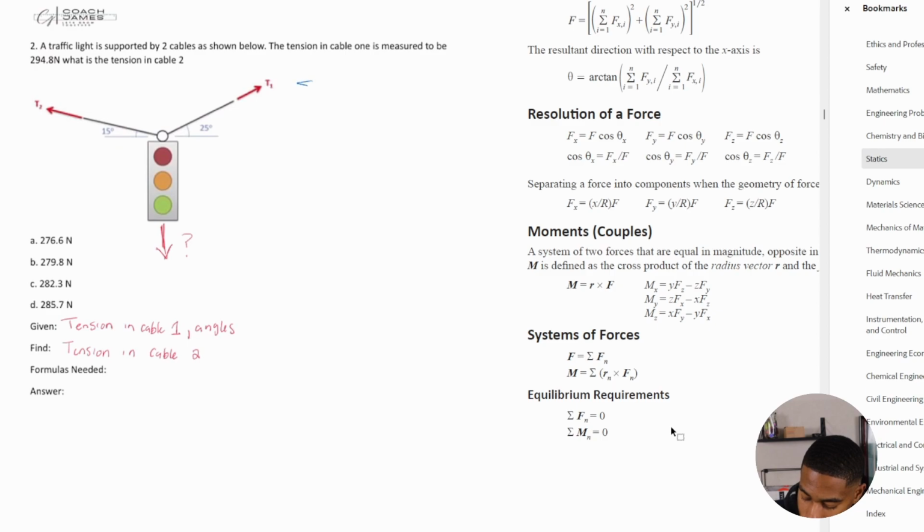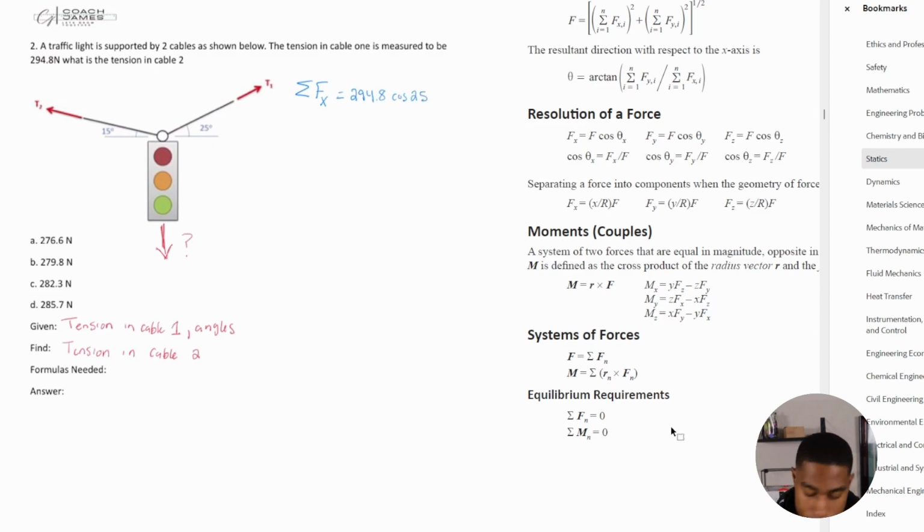Why? Well, let's look at it. Sum of the forces in the x is equal to, well, do we have T1? Yes. We know the tension in cable 1, which is 294.8. Okay. But we're looking in the x direction, so we're going to do cosine of 25.